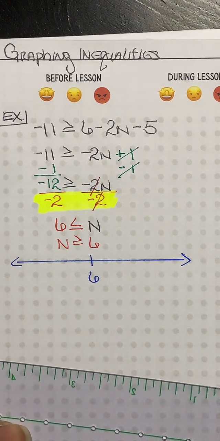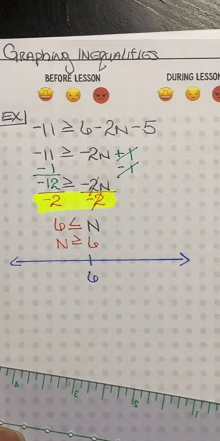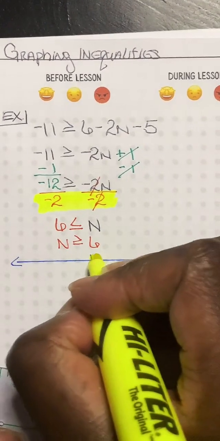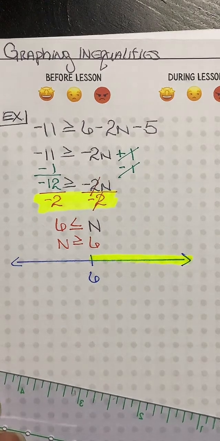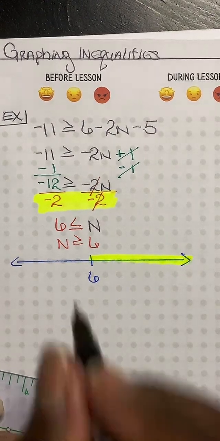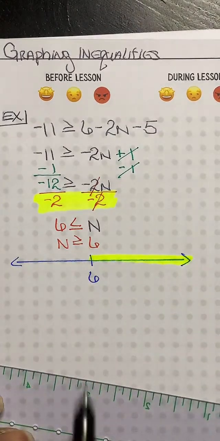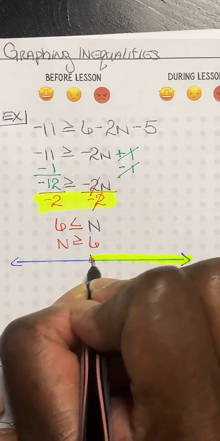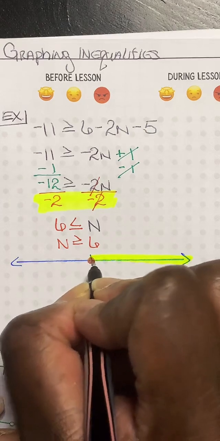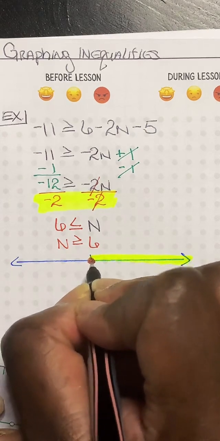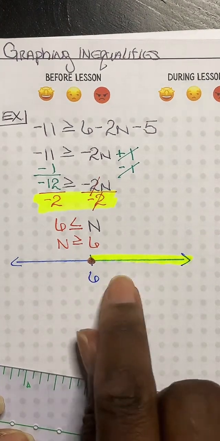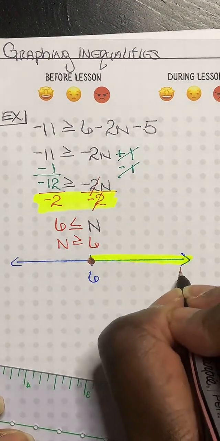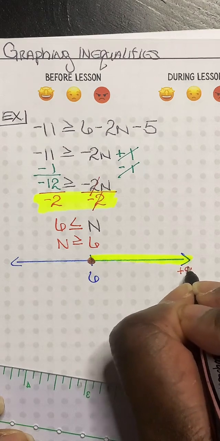So that means I'm dealing with numbers that are at 6 and larger. But I need to include 6. That's why we're putting a dot. So the dot is representing the inclusion of 6. So from 6 all the way to positive infinity.